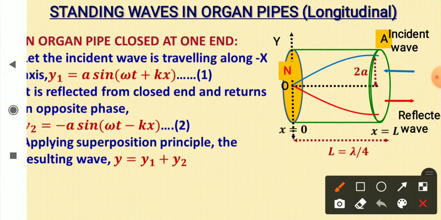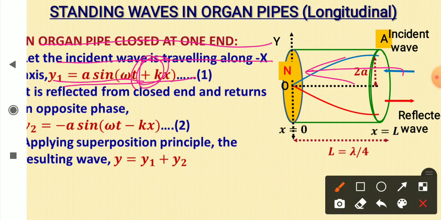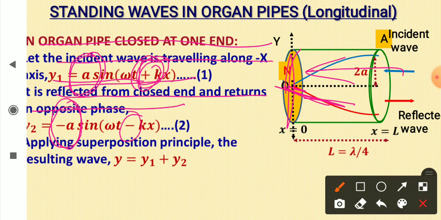So in organ pipe closed at one end, let the incident wave be traveling along minus x-axis, that is y1 is equal to a sin omega t plus kx. Since the direction is minus x, here we get plus. The reflected wave from closed end returns in opposite phase. When reflection happens from a closed end or denser medium, it will be in opposite phase. So here instead of a you will get minus a. That means compression will return as a rarefaction or a rarefaction will return as a compression. And instead of this plus, here you will get minus because it is traveling along plus x axis.